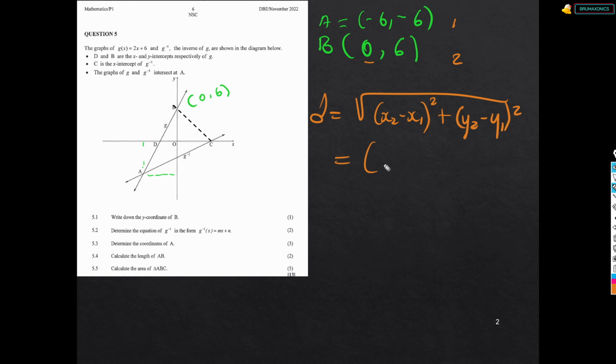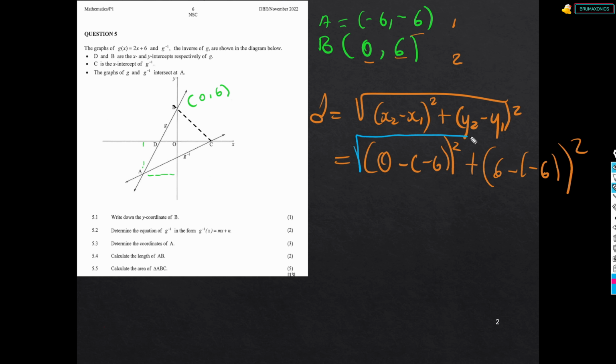So x2 will be 0 minus negative 6 squared, plus number 2, that will be 6 minus negative 6 squared, and remember everything should be inside the square root.